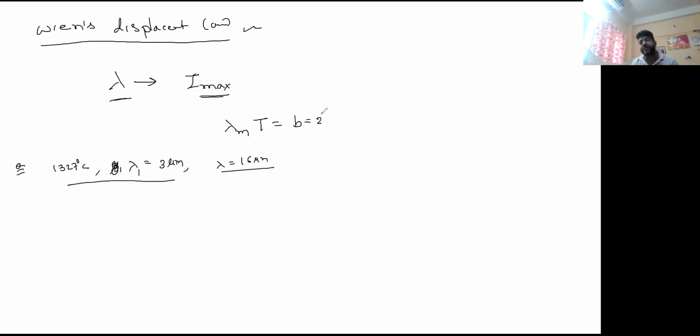The value of this Wien's displacement constant is 2.89 into 10 to the power minus 3 meter Kelvin. So if we use this, see, the temperature must be in the Kelvin scale.